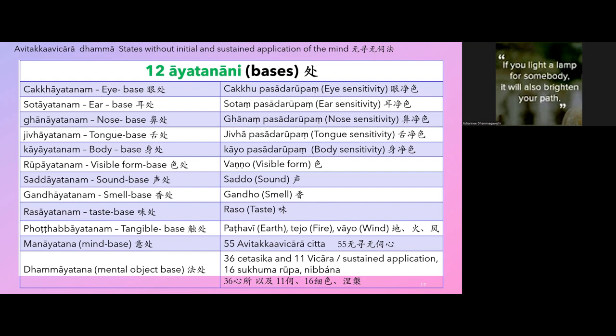The 55 avitakkaavicārā chitta are classified under manayatana, mind base. And what is left are the 36 cetasika, the 11 vichara that we got from the second term, and nibbana, along with the 16 sukkuma rupa. These are all classified under dhammayatana.